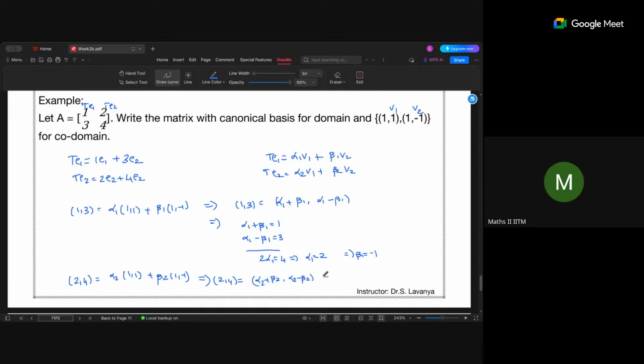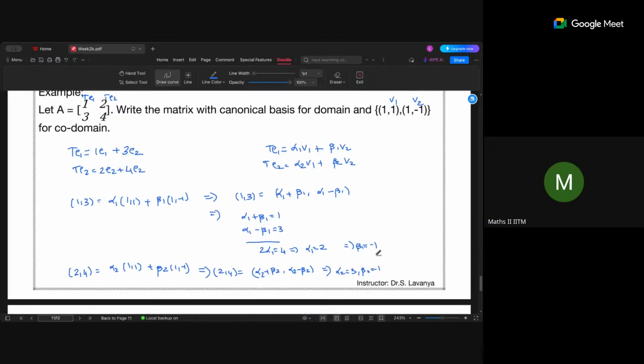So what are your alpha and beta? Everyone can do this calculation and tell me the answers. Alpha is 3, beta is minus 1. So 3 minus 1 is 2, and 3 minus minus 1 is 4. Yes, fine. Please make sure everyone gets this answer.